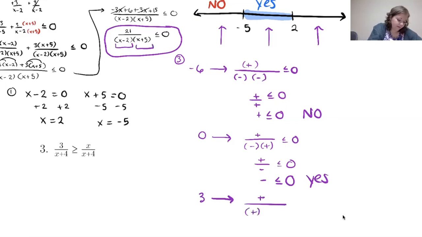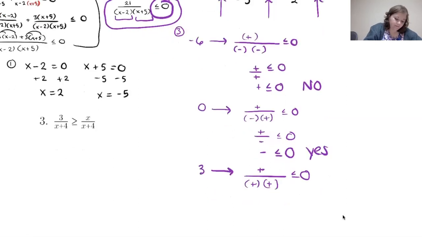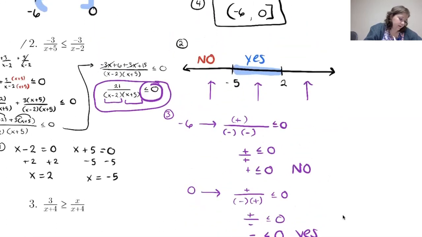And then 3 plus 5, which is positive. And we ask, is it less than or equal to 0? So positive divided by 2 positives is positive. And positive numbers are not less than or equal to 0, so that one's a no. And so this interval gets no as its answer.